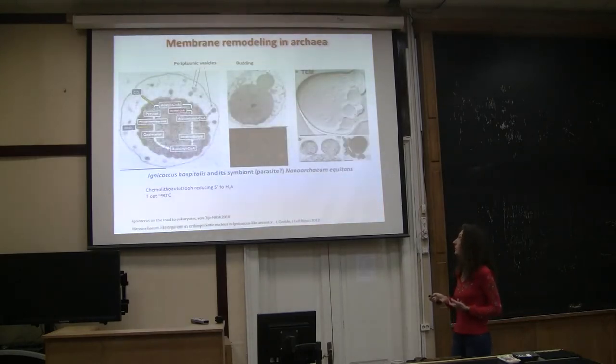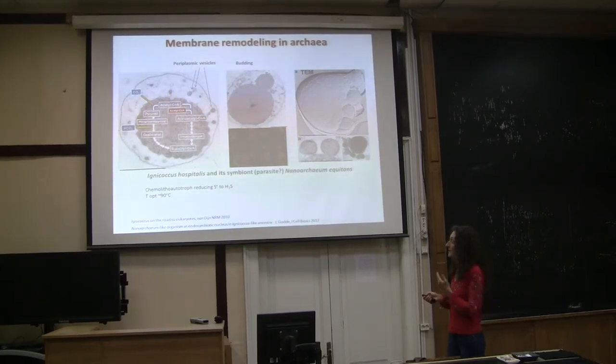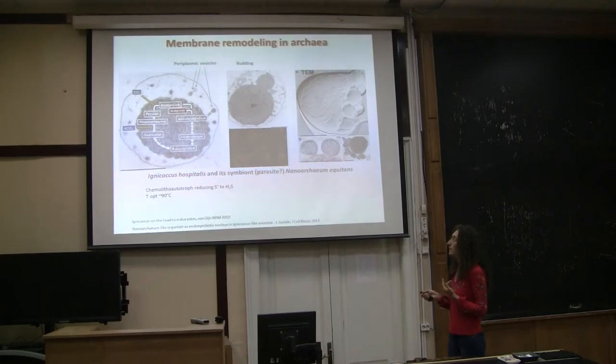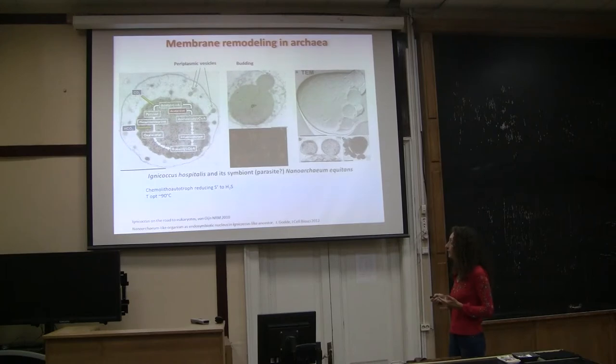And this is the case of this model that proposes a hyperthermophilic archaeon that has two membranes, so an archaeon with two membranes, and has a symbiont. This type of organism can even bud, so they can modulate the membrane in quite a wide form.